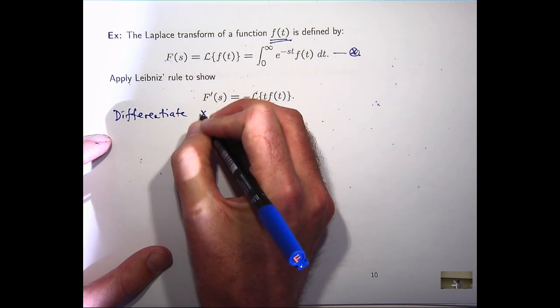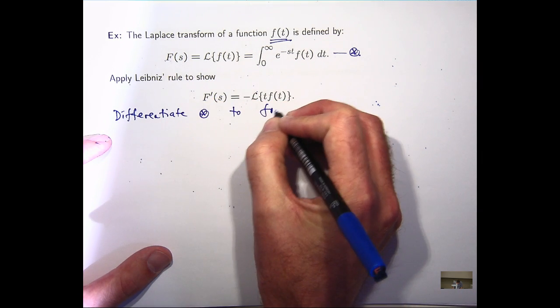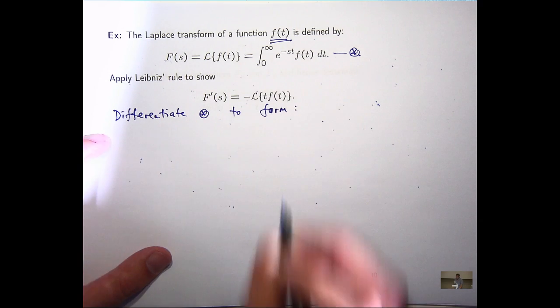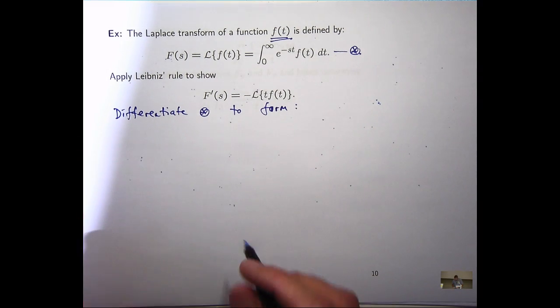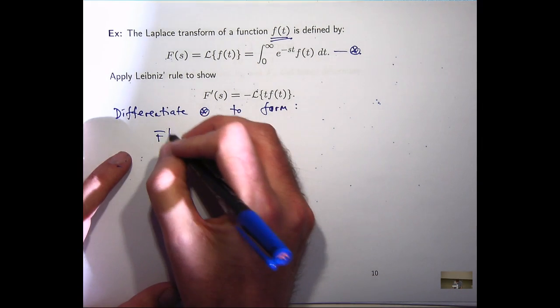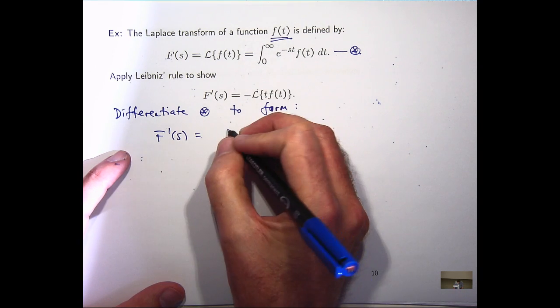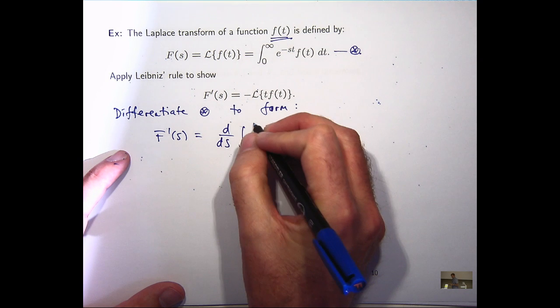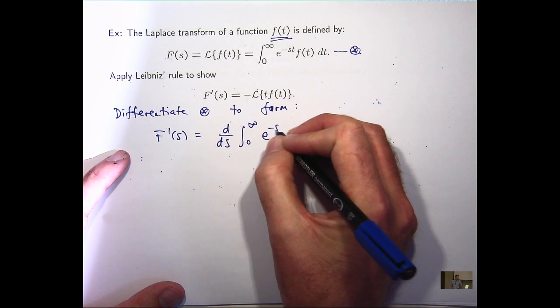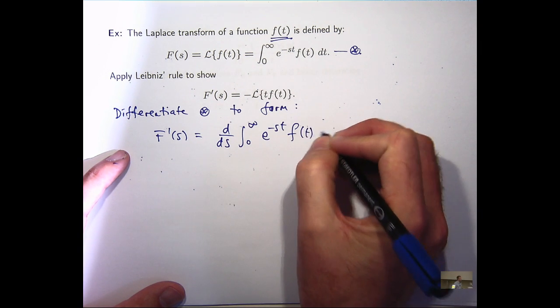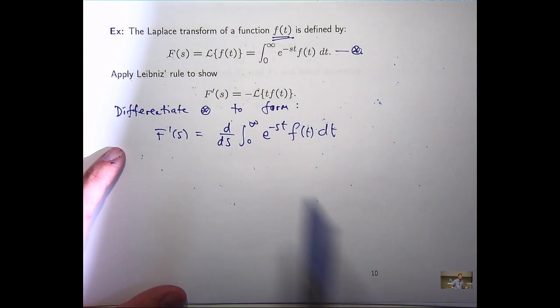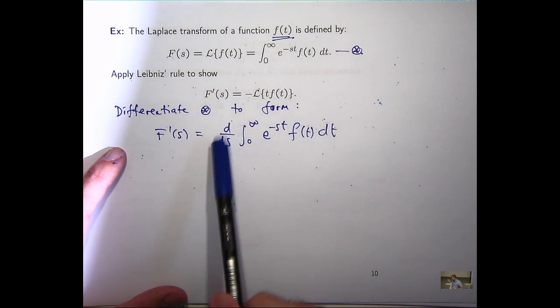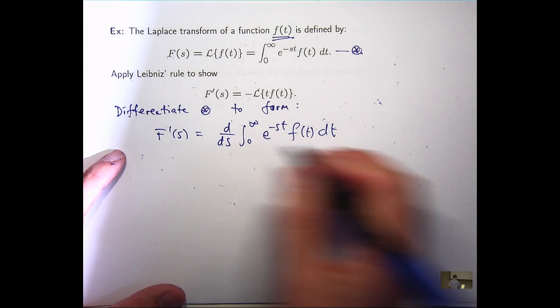I'm not going to worry about this middle part. Now Leibniz rule says I can just push this inside and change the d's to sort of curly d's.